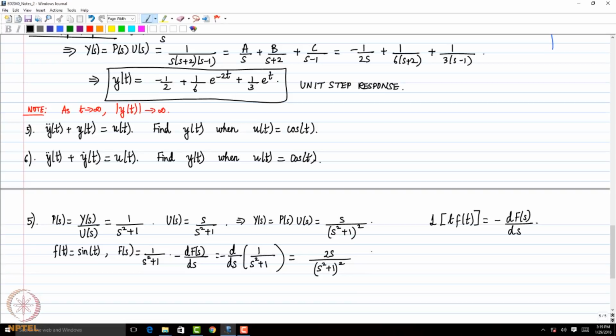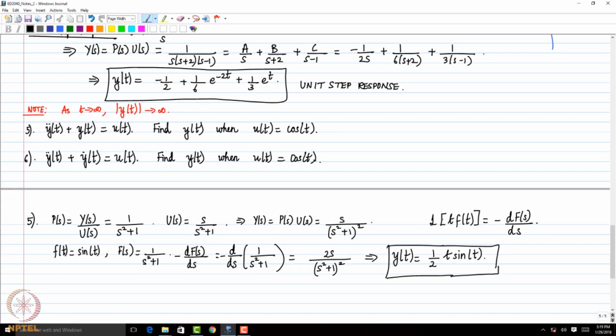So this immediately tells me that the value of y of t is going to be equal to 1 by 2 t times sin t. Why? Because the Laplace of t sin t is 2s by s squared plus 1 whole square, from this property of Laplace transform.